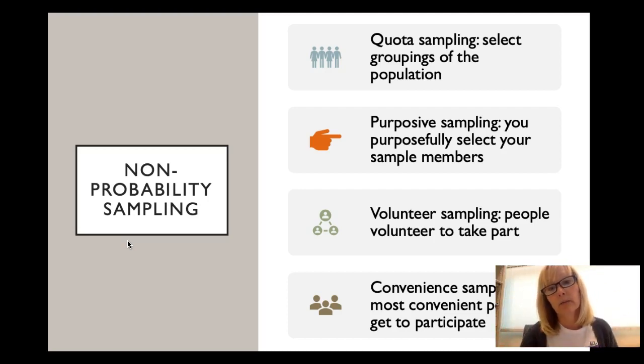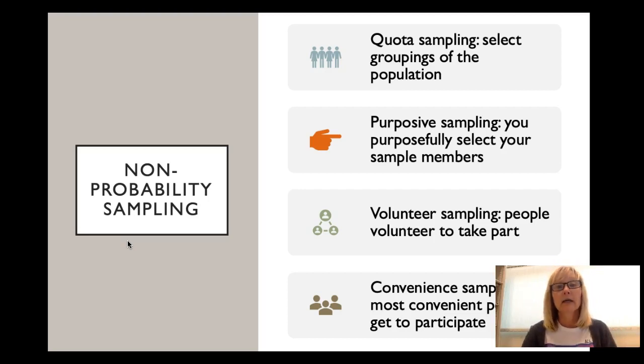That's called quota sampling. Purposive sampling is when I purposefully select who I want to answer the question. So I might do that if I know that there's certain people or individuals whose experiences will best represent that entire population.